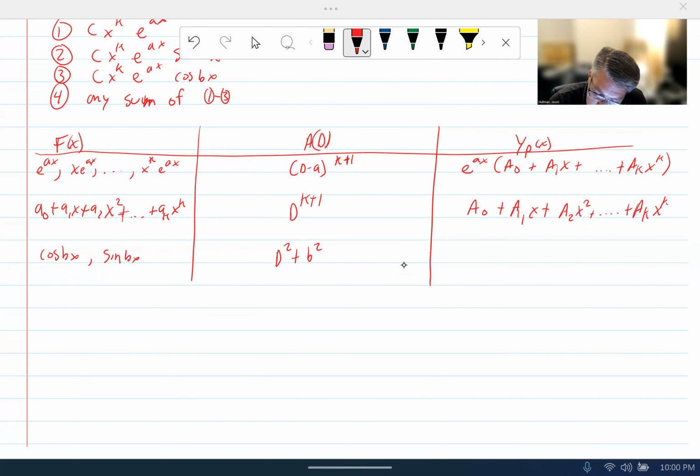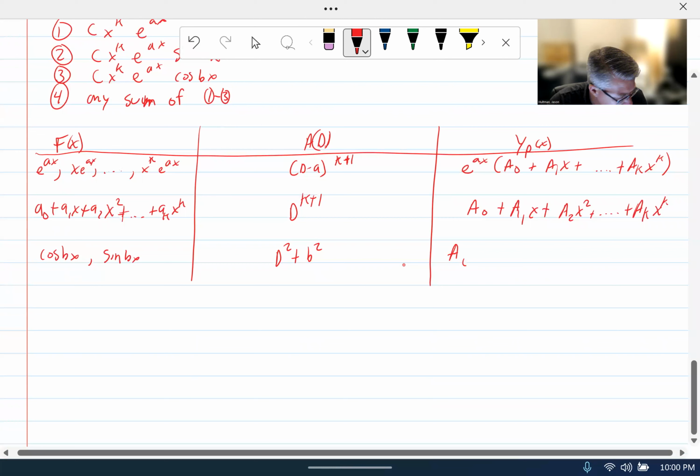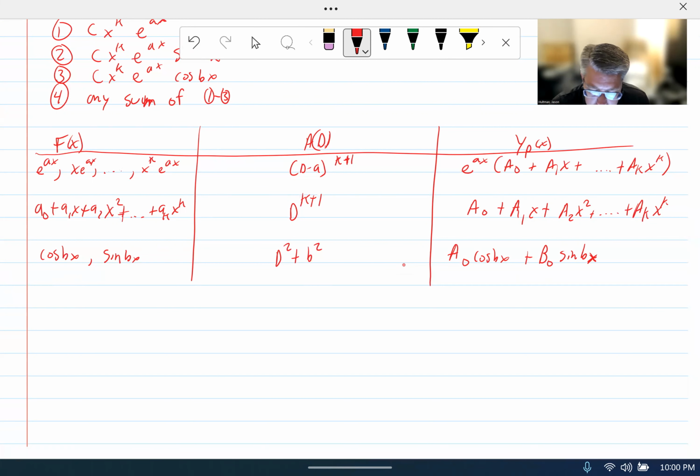And my particular solution is going to have a naught cosine bx plus b naught sine bx. It doesn't matter if it's cosine or sine because we could have either a cosine or a sine in our particular solution. So we just add them together.